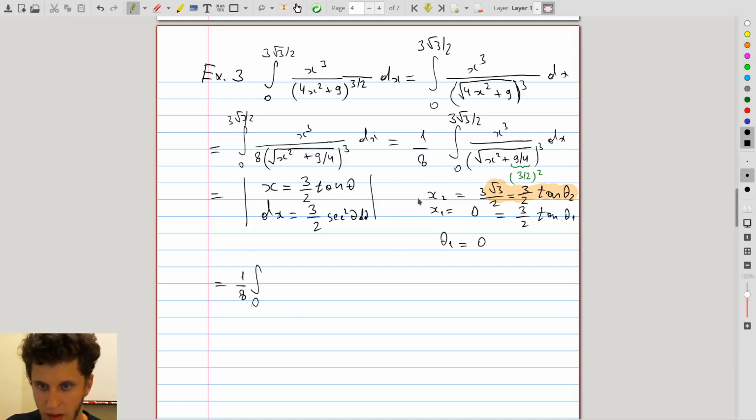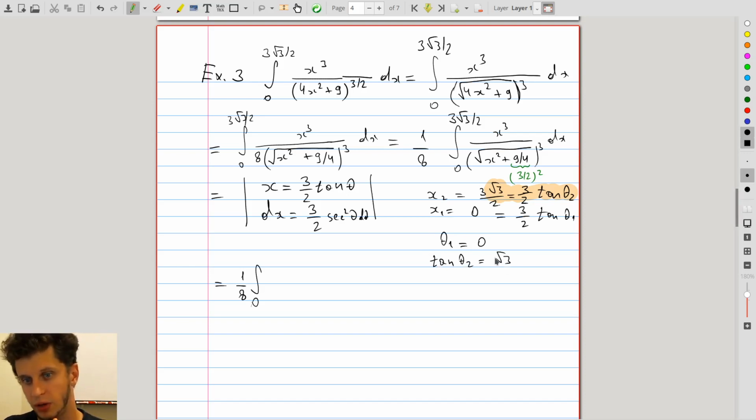Now for the upper limit of integration, we have to solve this equation here. If you multiply both sides by 2/3, you'll get that tangent of theta 2 equals square root of 3.